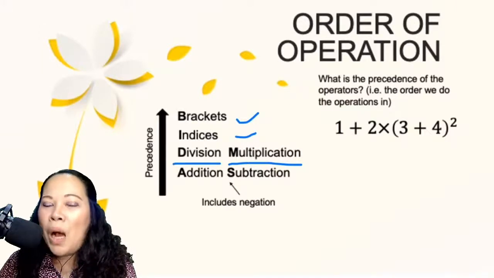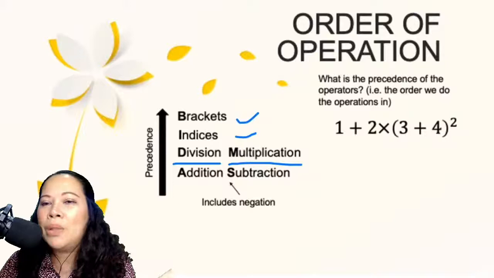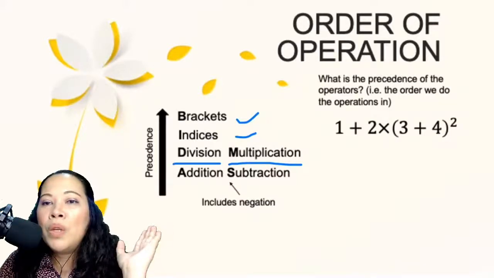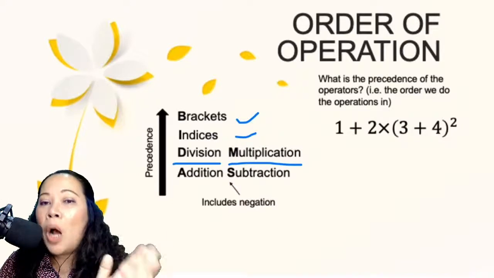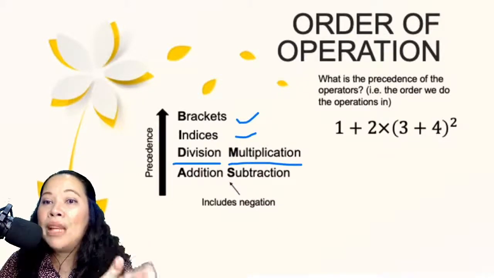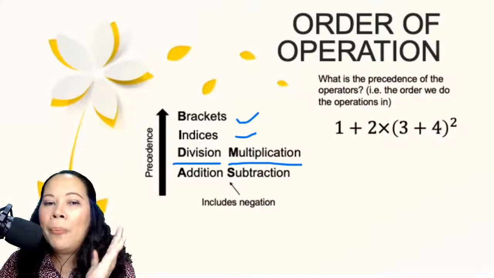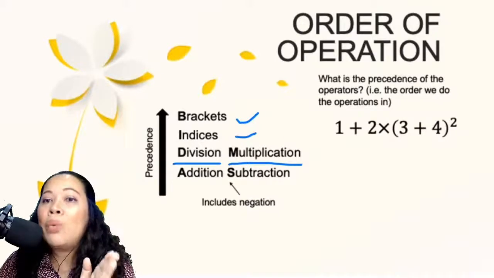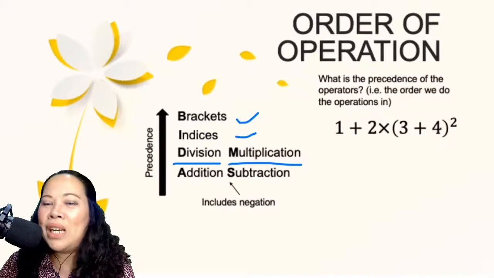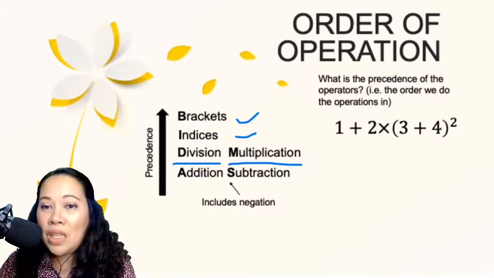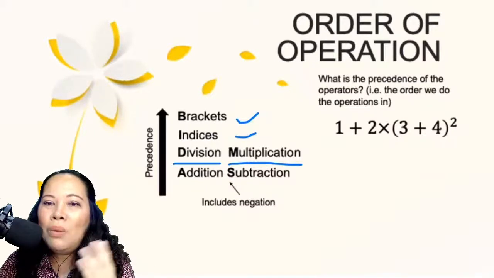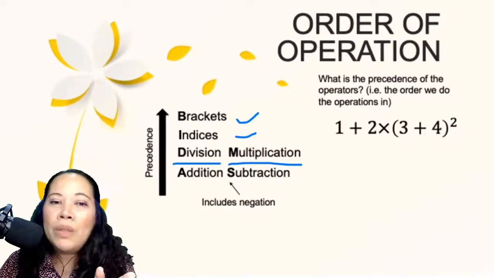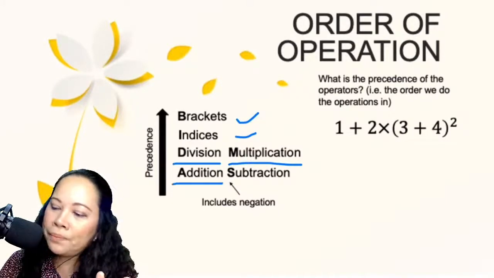If it's all division and multiplication, we just follow whichever operation comes first from left to right. For example, if multiplication comes first on the left side, we multiply first, then we divide. But if it was division first before multiplication, then we divide first before we multiply. All right? So that is for division and multiplication.